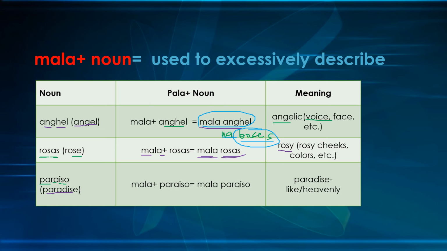So we usually use this to describe a place, a beach, a scenery, a mountain. So malaparaiso, paradise-like. So this is for mala and how we use it.